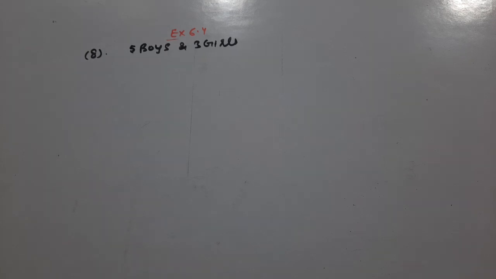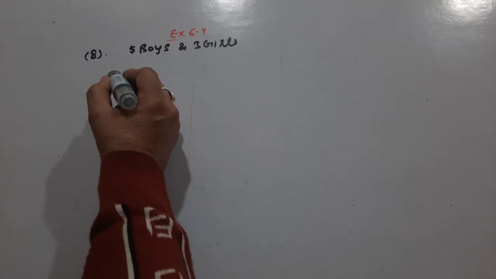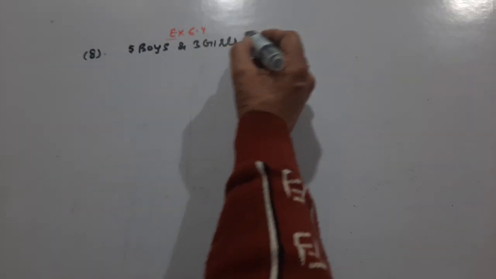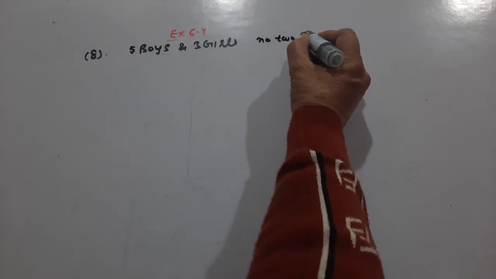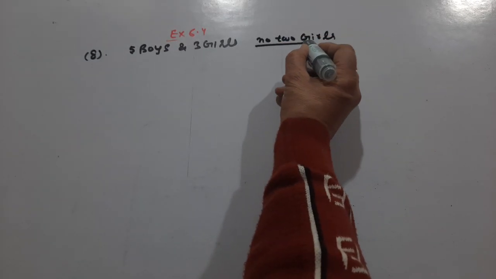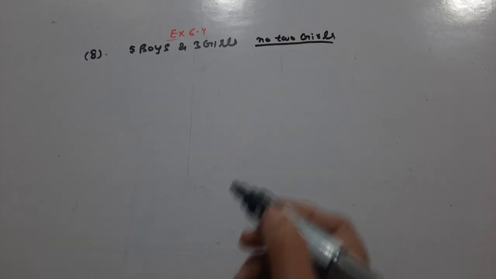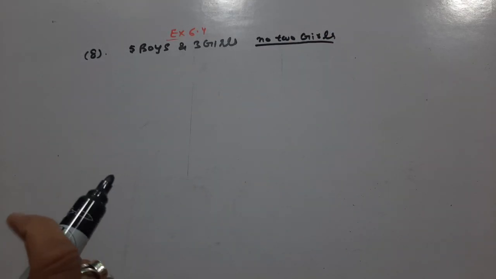So, students, here, first of all, we arrange the boys. There are 5 boys. When it is written no 2 girls may sit together, no 2 girls means first we arrange the boys.